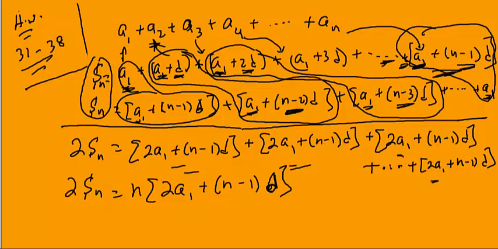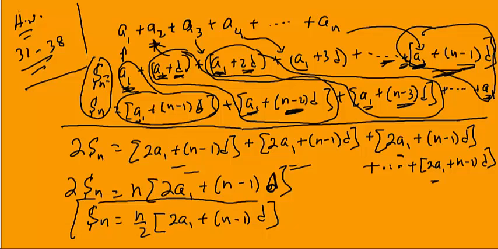And then we're going to divide by 2, so s sub n is n over 2, all that times 2 times a sub 1 plus n minus 1 difference. And there it is. That's our magic formula.